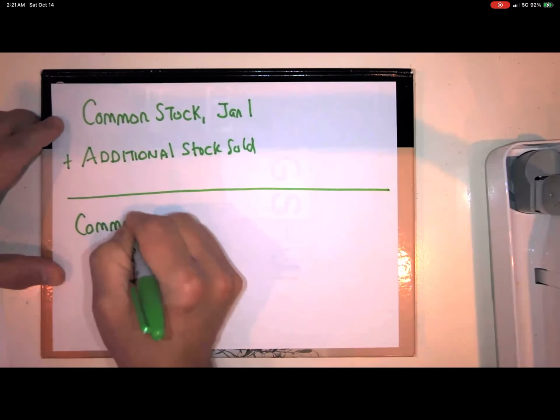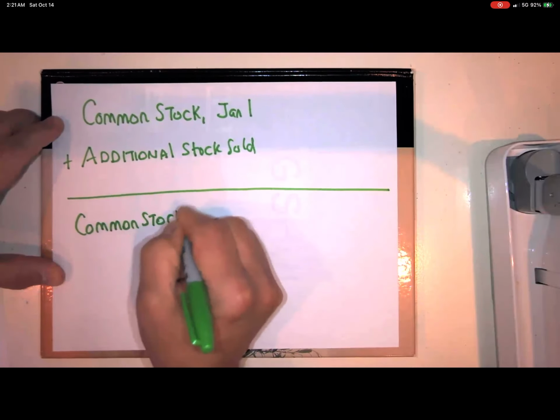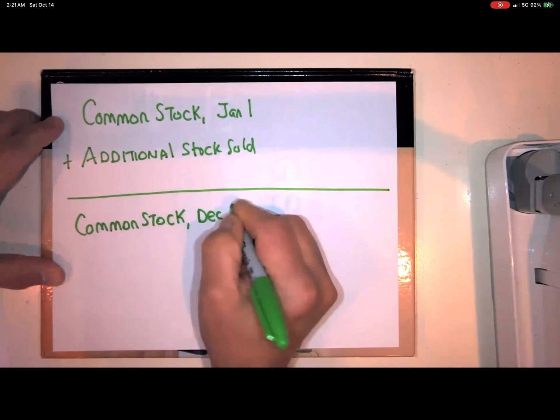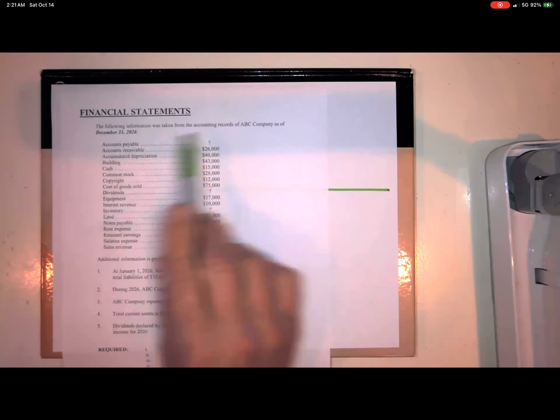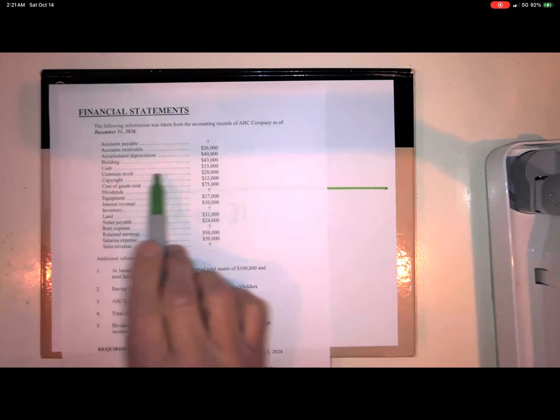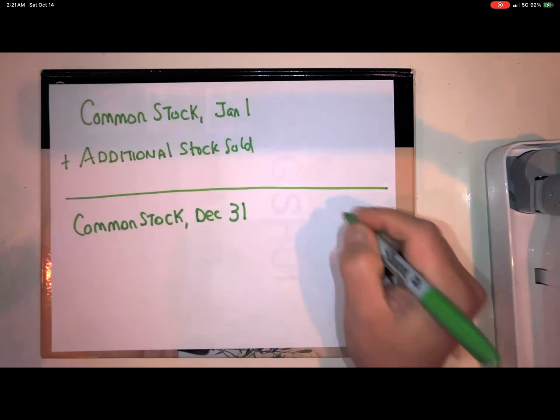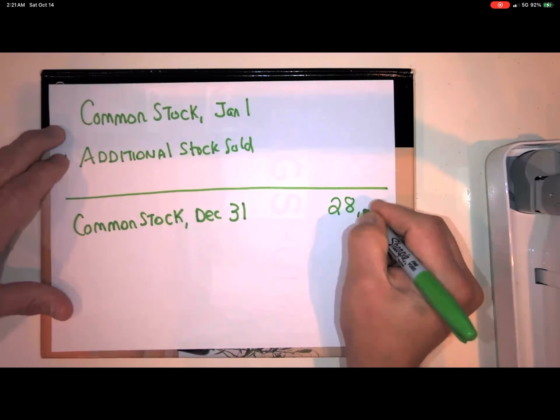So the common stock at December 31st. And like Matthew said, the table here gives us the December 31st numbers. So our common stock at December 31, 28,000.